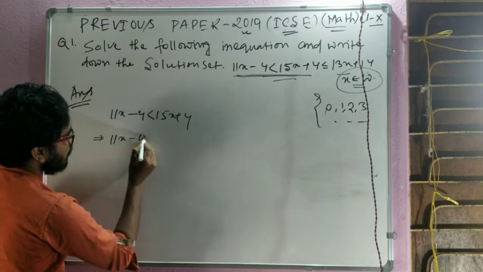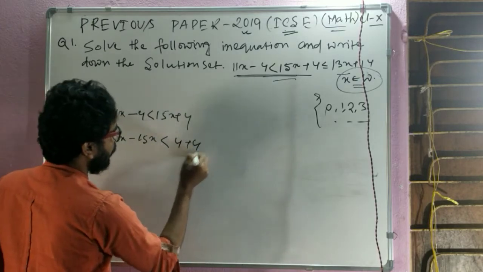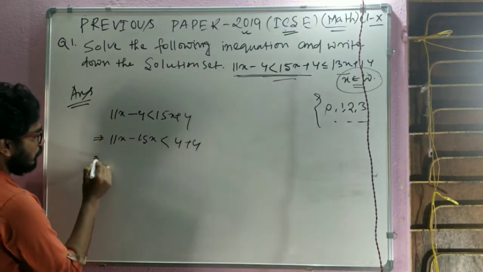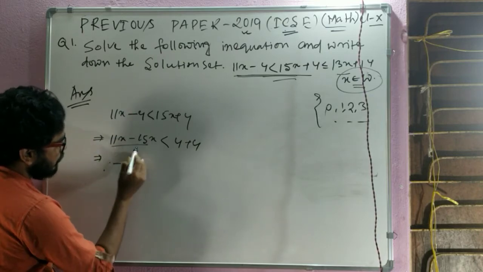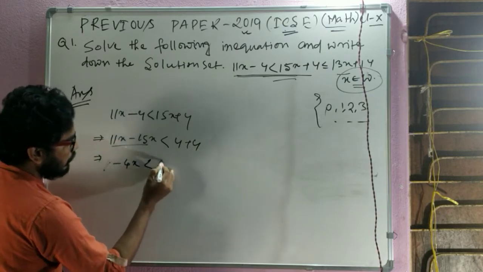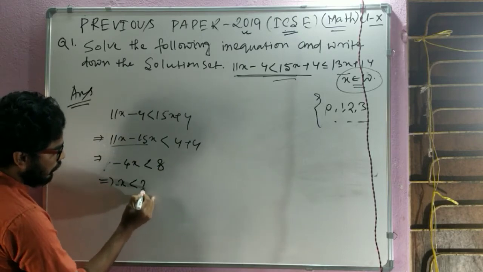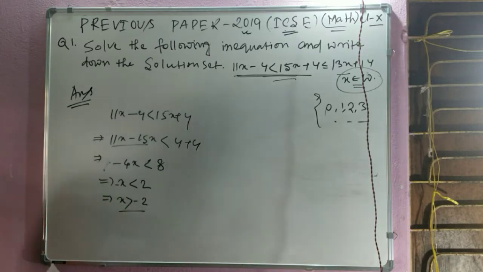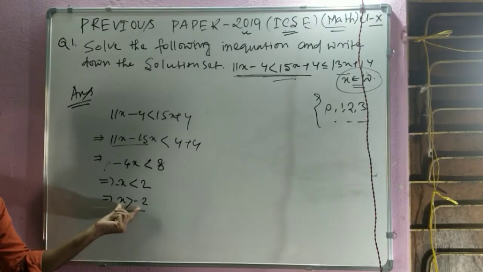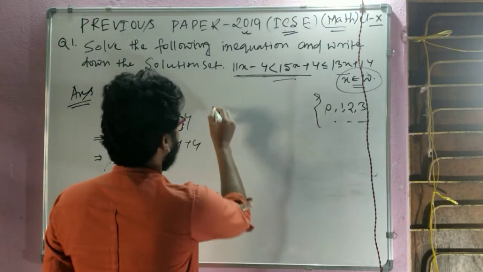11x minus 15x less than 4 plus 4. This implies minus 4x less than 8. That means x greater than minus 2, because multiplying both sides by minus, the inequality changes. First part gives x greater than minus 2.